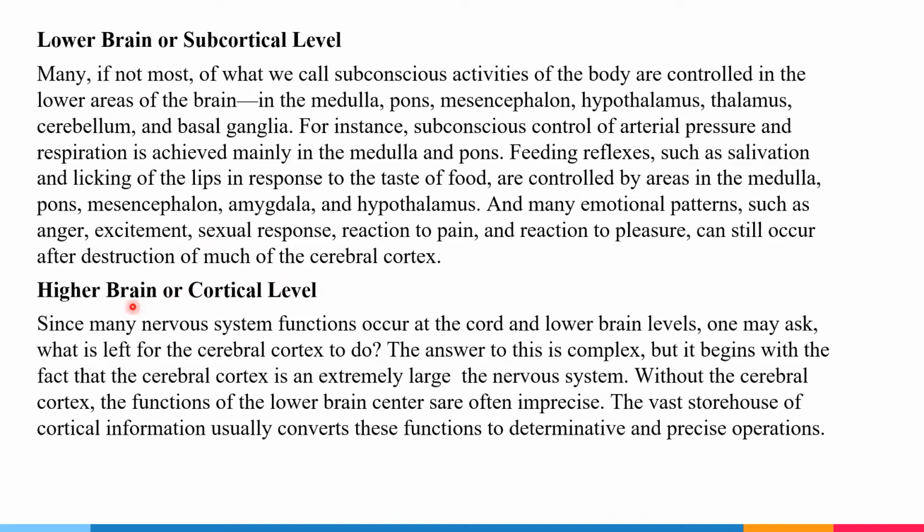Next, we look into the higher brain or cortical level of the nervous system. Since many of the nervous system functions occur at the cord and lower brain levels, one may be curious what is left for the cerebral cortex to do. The answer to this is complex, but it begins with the fact that the cerebral cortex is an extremely large portion of the nervous system.